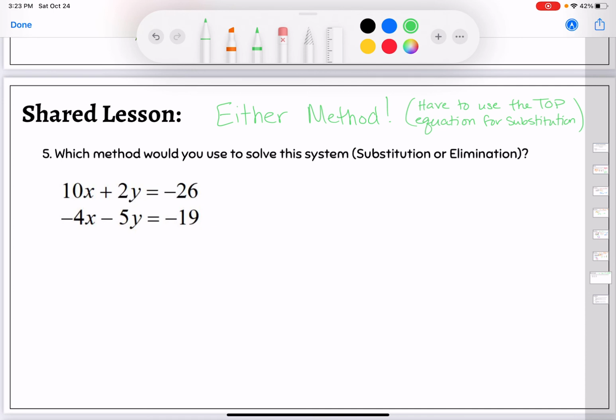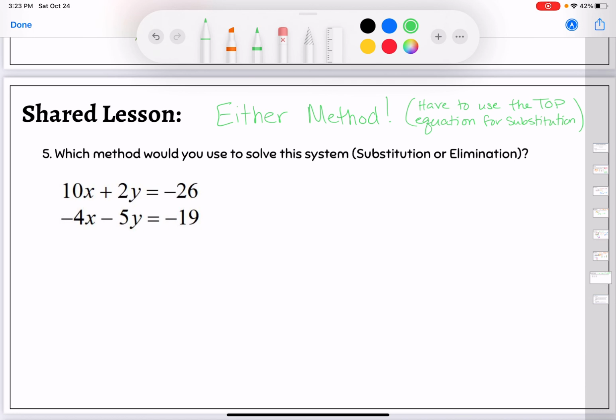So let's see, 10x plus 2y equals negative 26, and negative 4x minus 5y equals negative 19. So you could get opposites in either x or y. Well, if I went to cancel out the x's, I could shoot for the number 20. Multiply the top equation by 2 and the bottom equation by 5.